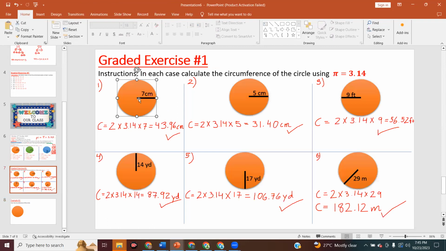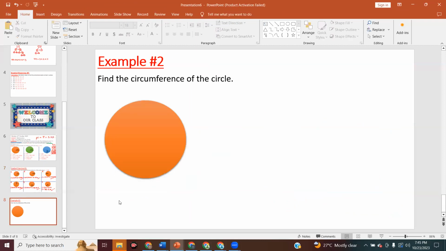What if, right? Now they might be tricky with you, and they might say, I want you to find the circumference of the circle. I don't want anyone to say the answer, please. Just put your answer in the chat.